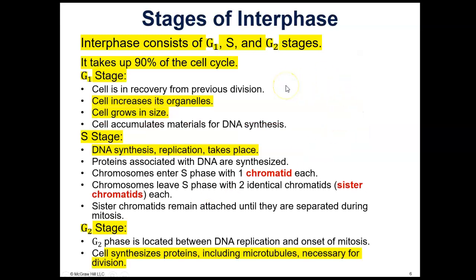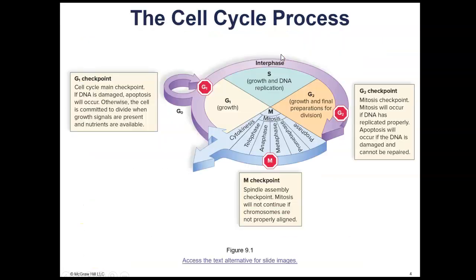Now, this slide, slide 6, goes through the stages of interphase in an actively dividing cell. They are G1, S, and G2. Interphase takes up 90% of the cell cycle. If you go back to the pie graph, this is a little off, isn't it?